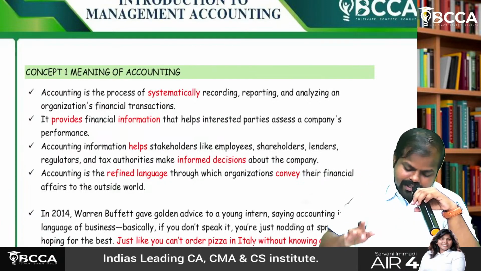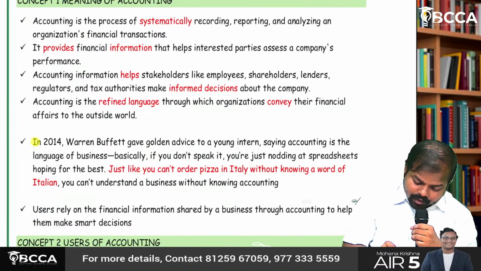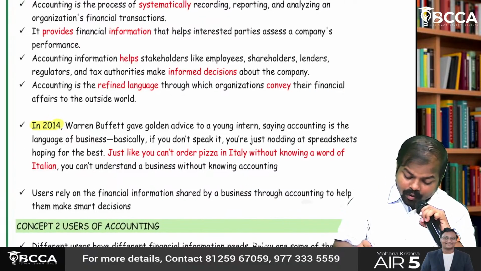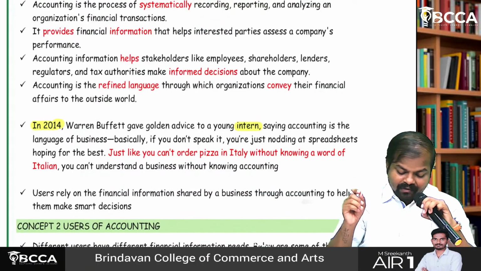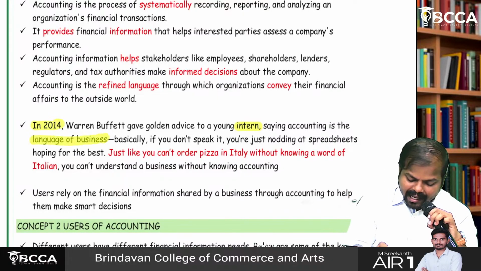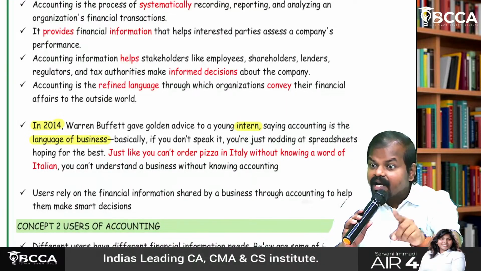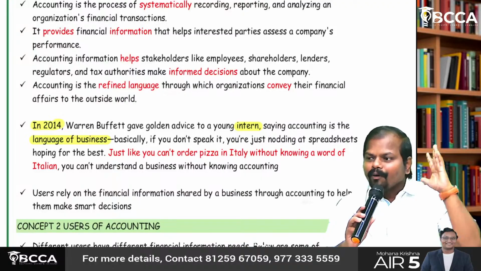In 2014, Warren Buffett gave golden advice to a young intern, saying that accounting is the language of business. Accounting is not a subject here. Who told? You only told, not me. Warren Buffett told.